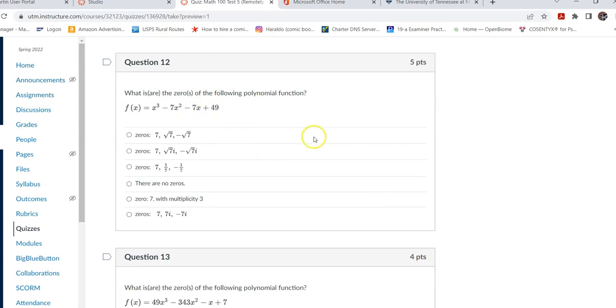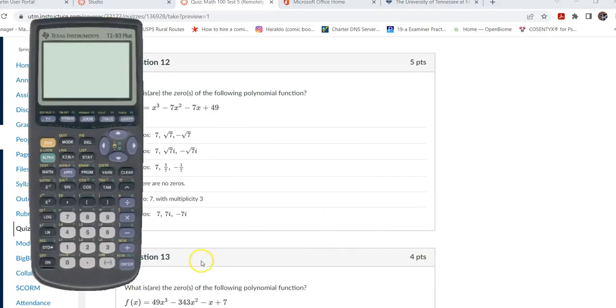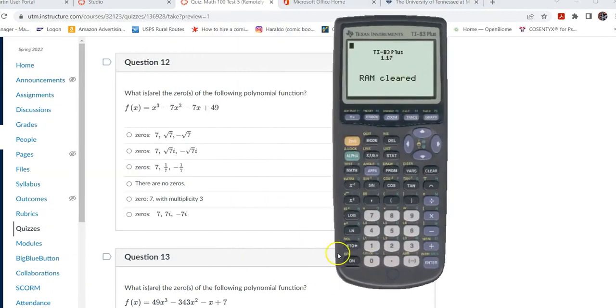What is or are the zeros of this polynomial function? Well, this is where you really need to graph it. Right, so let's see what we have. Okay, so I'm going to put x cubed minus 7x squared minus 7x plus 49.